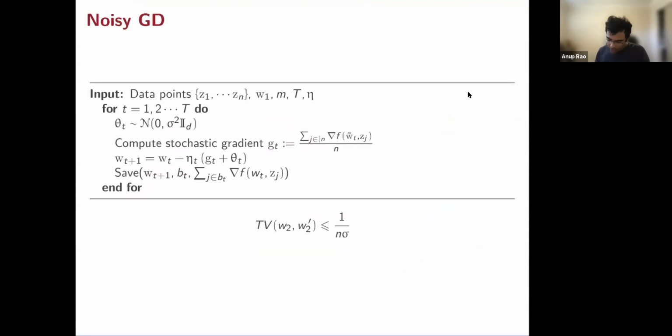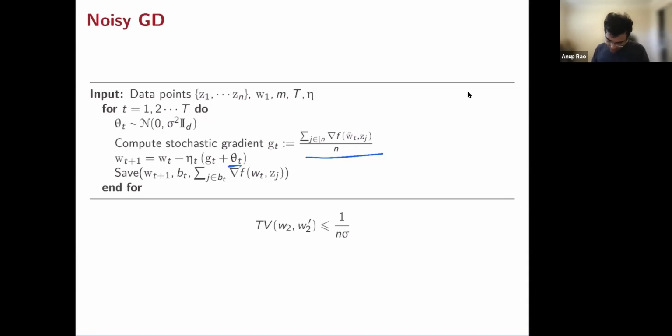And similarly for noisy GD, so I'm here considering noisy gradient descent. The same kind of analysis works for the other variants, noisy stochastic gradient descent with and without acceleration. Here, this turns out to be total variation stable, because in each time step, say in noisy gradient descent, we compute the full gradient on all n data points, and we take a gradient step with the noise term added.